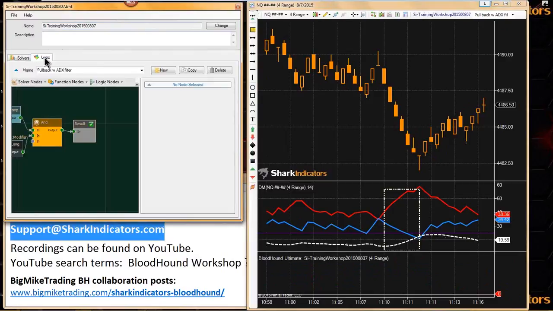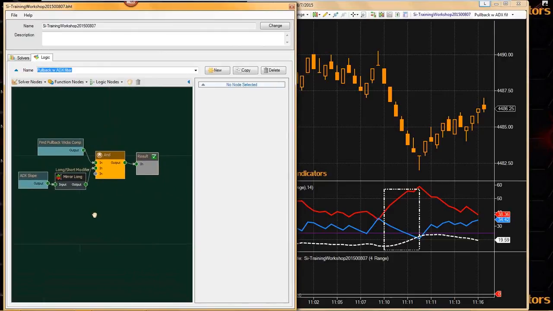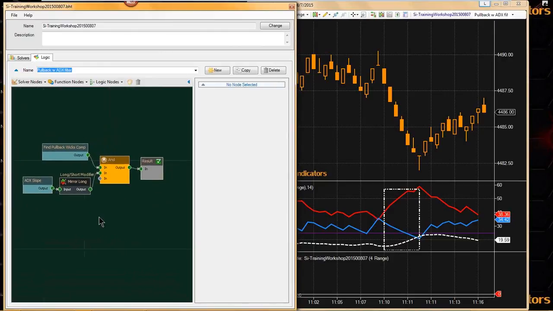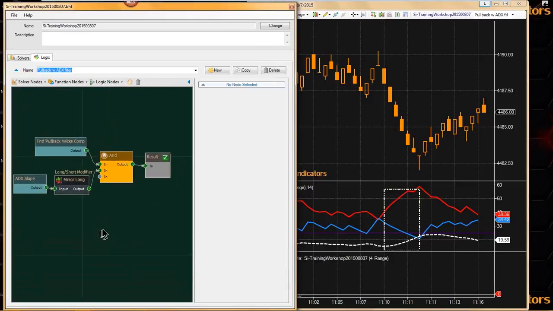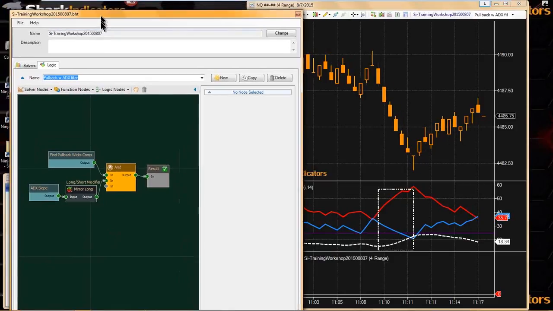All right. I'm going to switch over to the Logic tab here, and I'm going to build a new Logic template. Let me take a moment to clarify all these templates. The BloodHound file that I just loaded is called the BloodHound template.